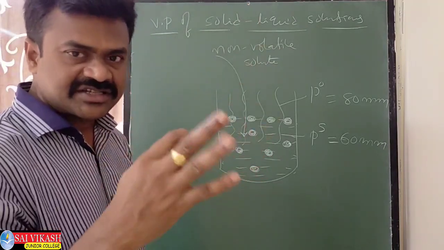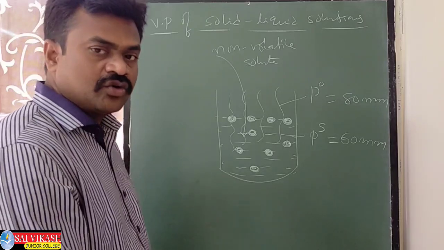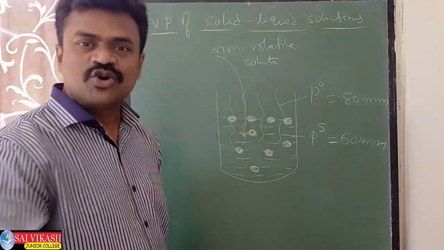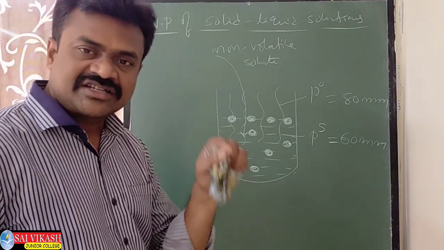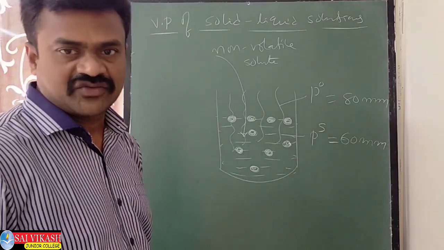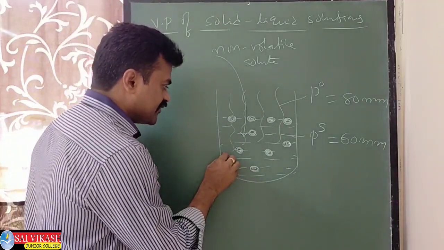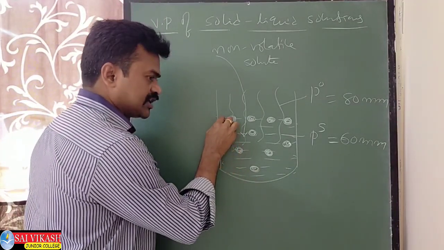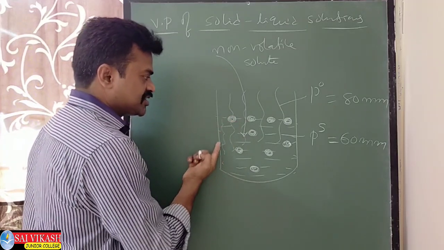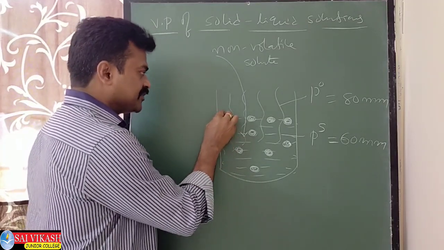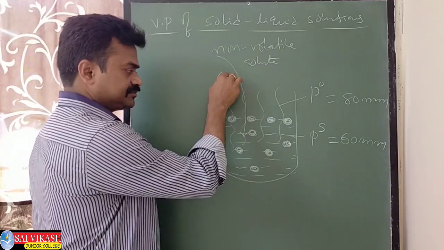From this, vaporization is not coming. Now only the solvent is going to be vaporized because I have taken only the solvent as the volatile liquid. Now see, a solvent molecule wants to volatilize. It reaches the surface, and from there it vaporizes.